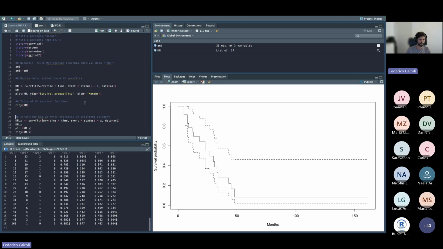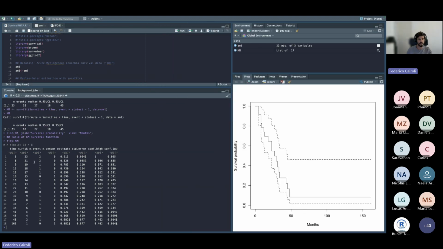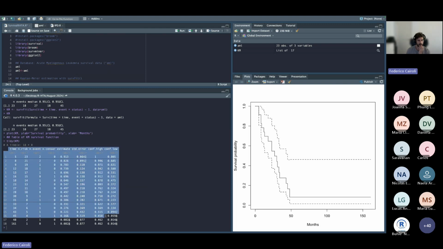And we run it. So we are going to obtain these survival function or survival probability tables, which are really common in the literature. You are going to find this specific table often when you read about studies in survival analysis.